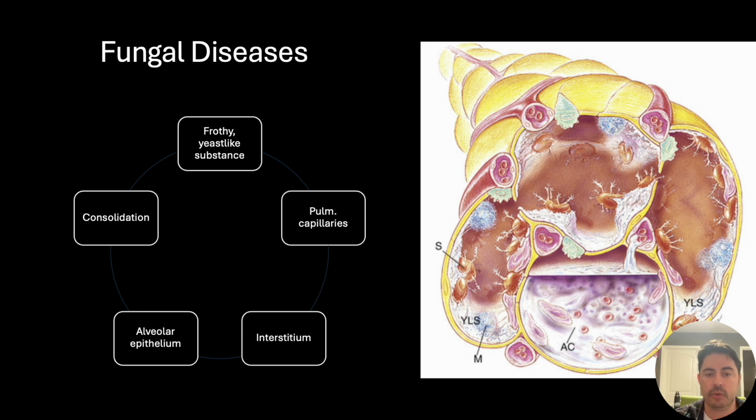So you can kind of see how there's a cyclical effect of, well, there's more damage going on. So the pulmonary capillaries are going to dilate more. The interstitium is going to fill with more fluid. The swelling is going to happen at the alveolar epithelium, and it's going to produce even more pulmonary edema.